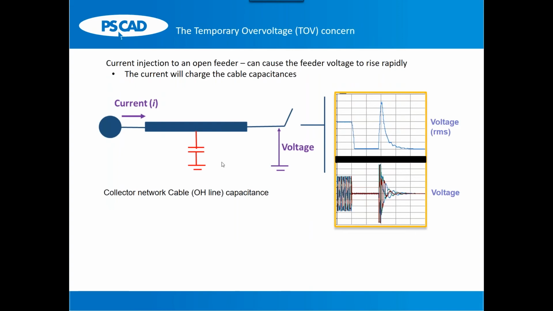Okay, and these currents have nowhere to go but into the cable capacitances, right? So current getting injected into a capacitance would obviously cause the voltage of the cables or the capacitor to go up. If I show you some typical results at this point, this is a case where you had a fault, the RMS voltage dropped, the fault was cleared, and the breaker was opened to clear the fault.